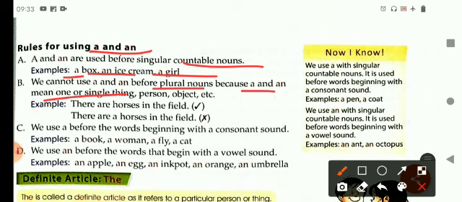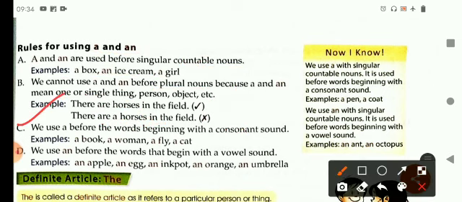For example, there are horses in the field. This is the right one. There are horses in the field. This is the wrong one because we cannot use a or an with plural nouns.